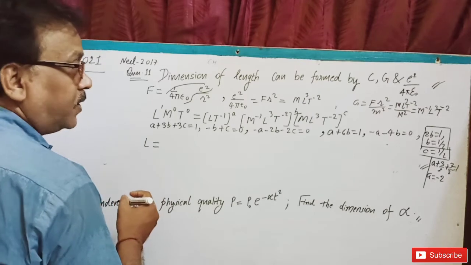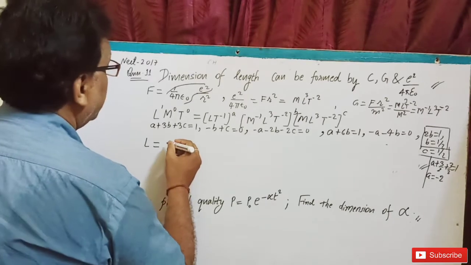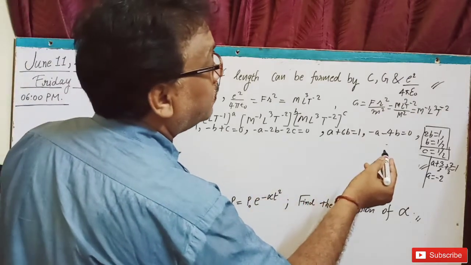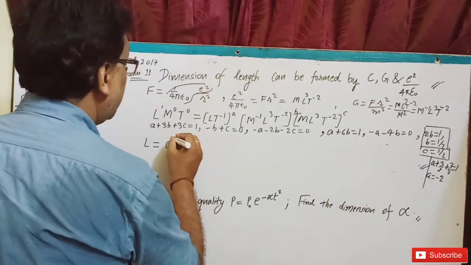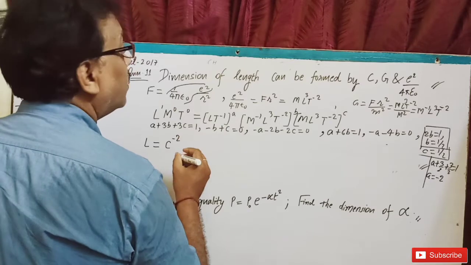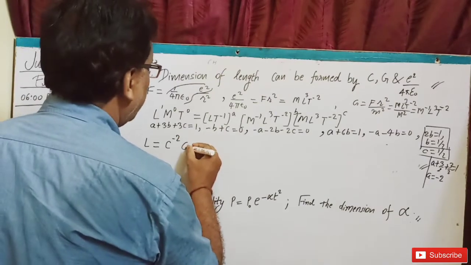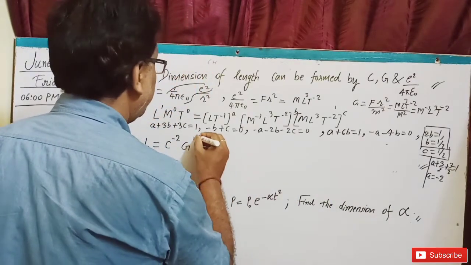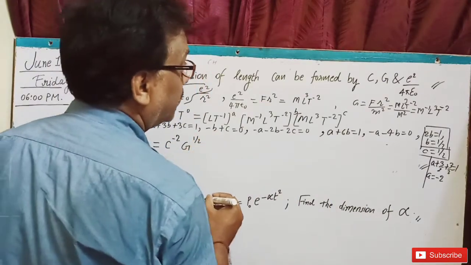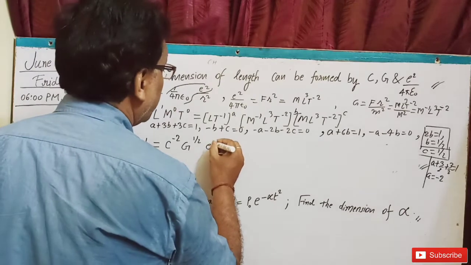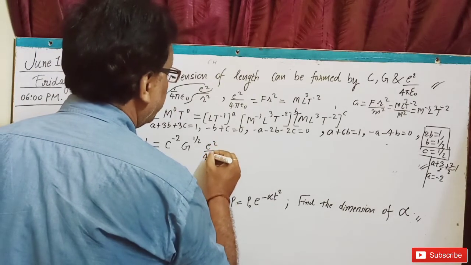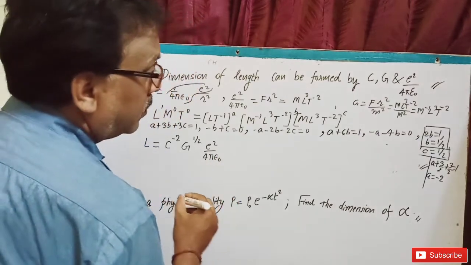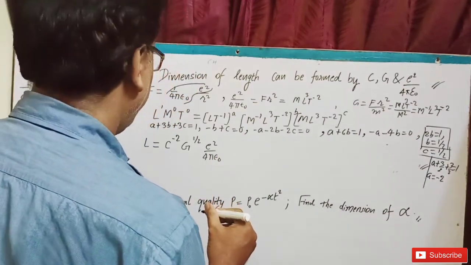Now the length can be determined by L is equal to c power a, and we have the value of a is minus 2, and G to the power b, b has the value 1 by 2, and e square upon 4 pi epsilon naught to the power 1 by 2.